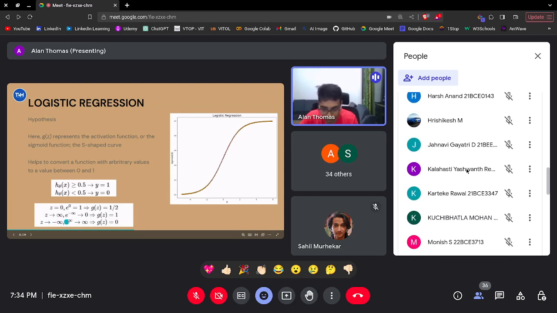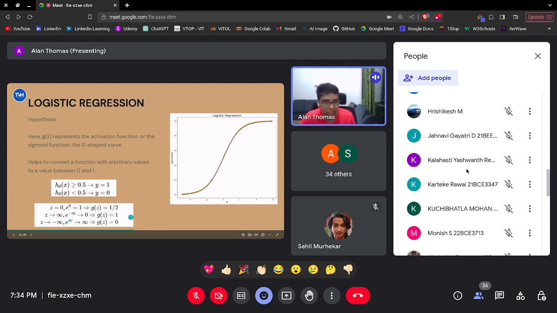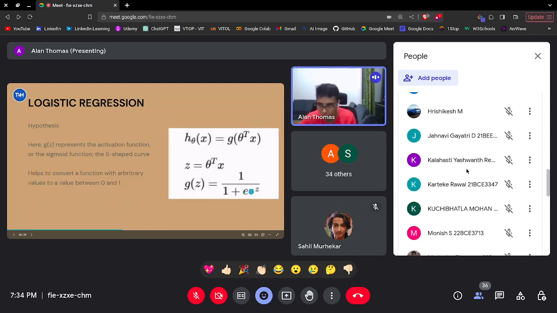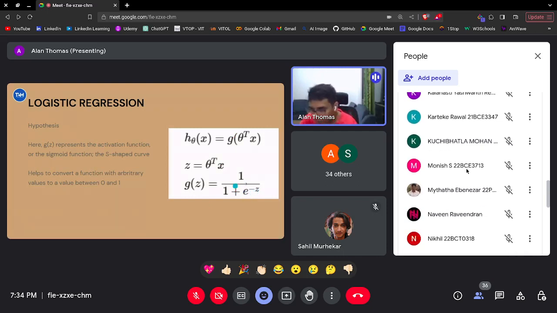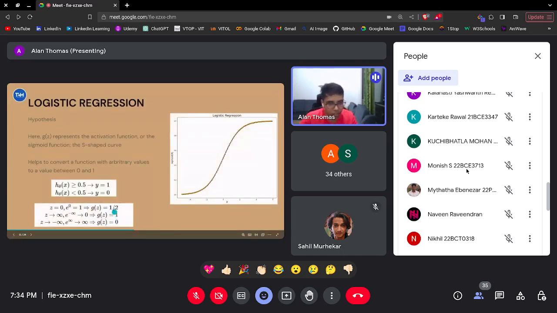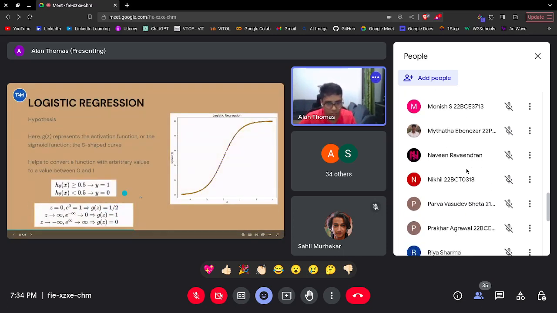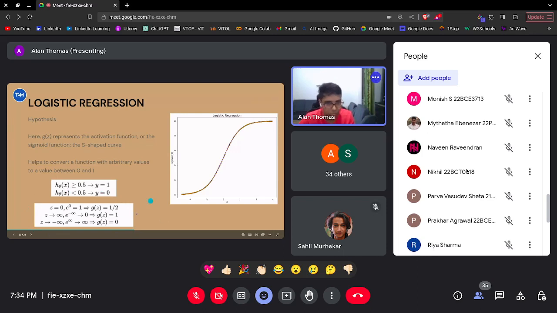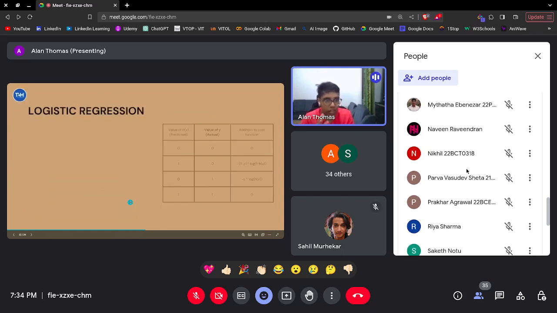And for the opposite case, minus infinity, it becomes 1 by 1 plus e to the power minus of minus infinity, so 1 by 1 plus e to the power infinity, which is 1 by infinity, and that you can kind of say is 0. So that's how you get these three equations, which I have put here.